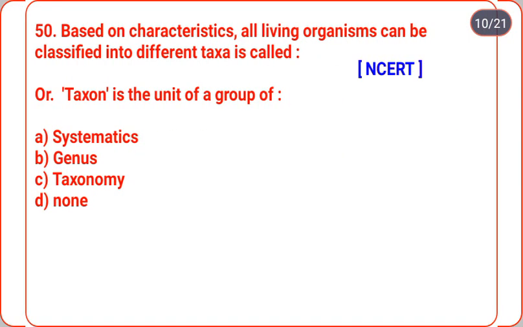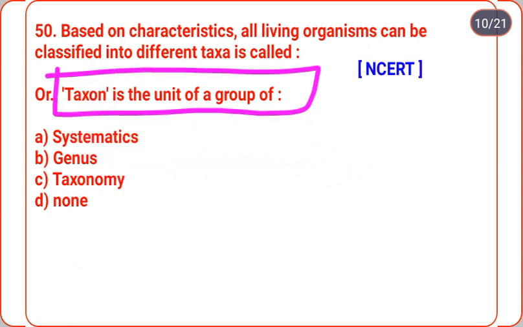Okay, next. Question number 50. Based on characteristics, all living organisms can be classified into different taxa is called, or this question we can say thus, or examiner can ask thus: taxon is the unit of a group of.